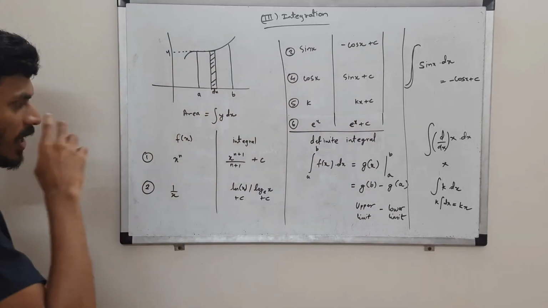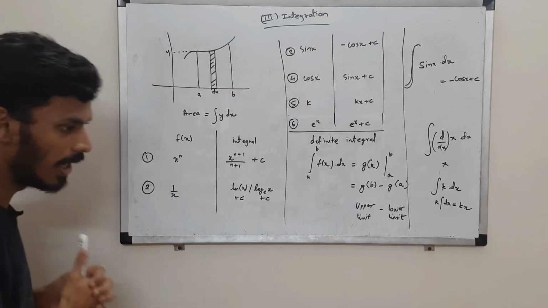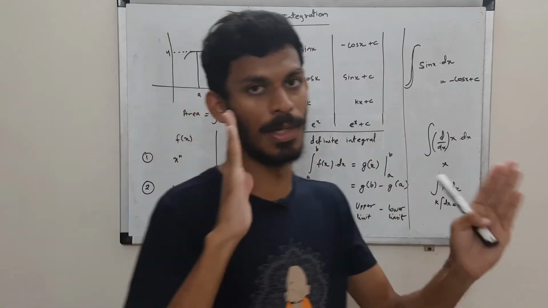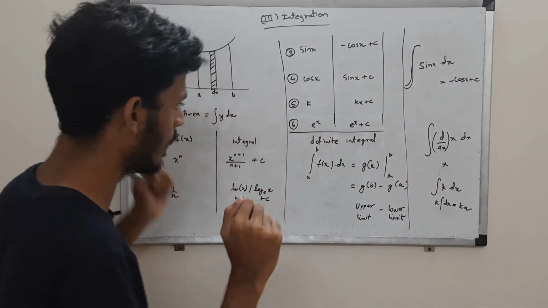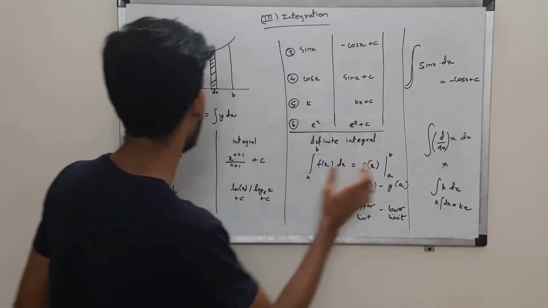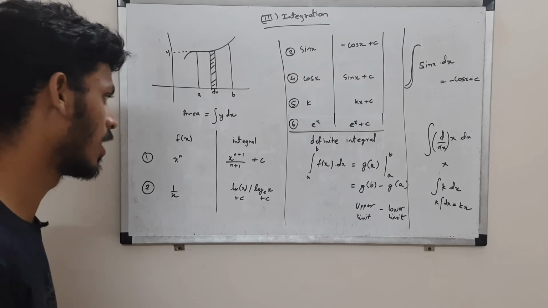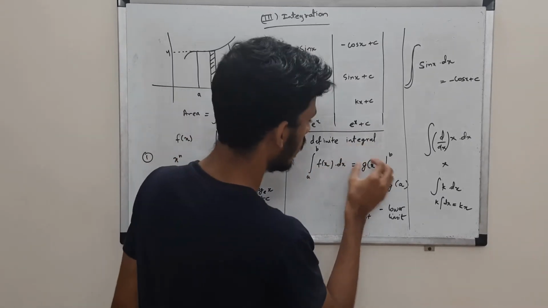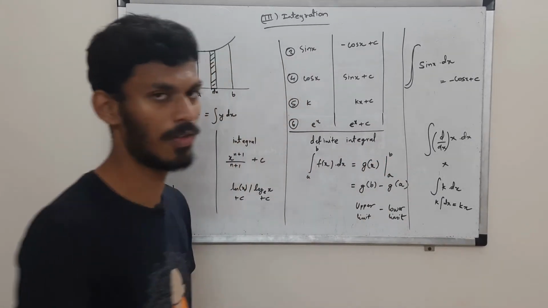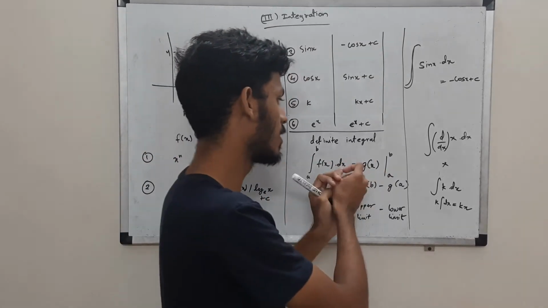Now the definite integral. When you are specified the limits, when you are integrating over two limits a and b, you are given those a and b. Suppose you integrate f of x and you get g of x, just like if you integrate 1 by x, you will get ln of x. So if you integrate this function, the integral of this function is g of x, just like sin x gives minus cos x.